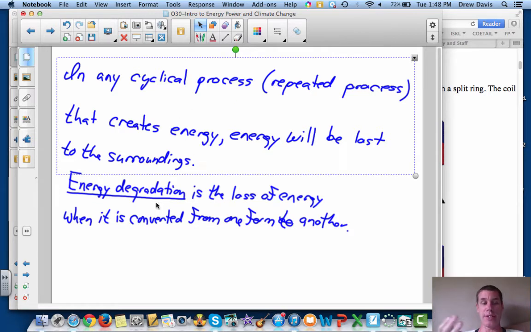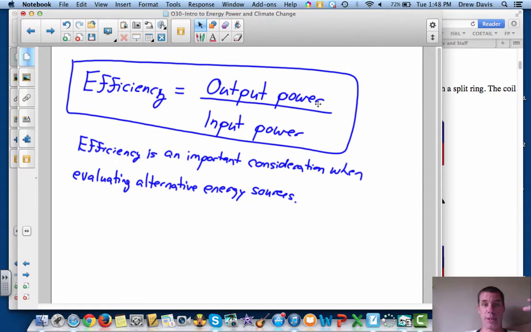It's the loss of energy when you convert energy from one form, like say chemical energy in oil, to another form, which is electricity. And every time you move energy, it changes. So now we have what's known as efficiency. And efficiency we studied last year with power. It's output power, which is what's useful available to us, compared to the input power, which is what was put in to get it.